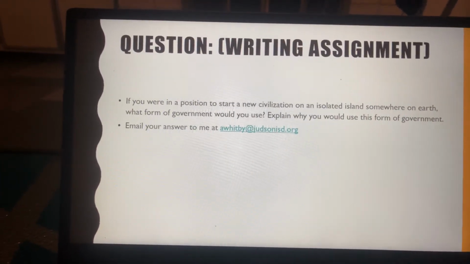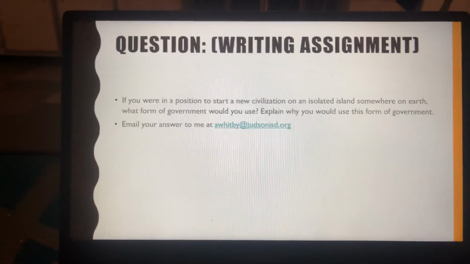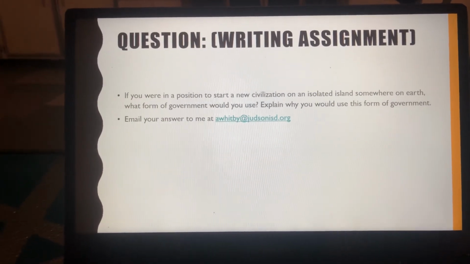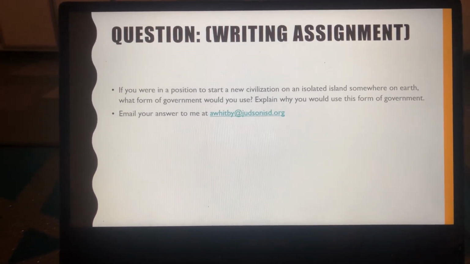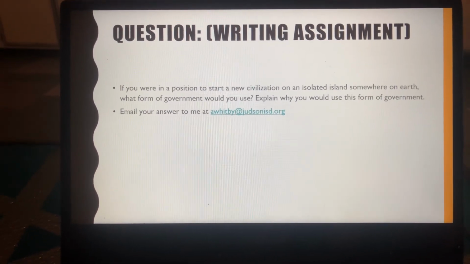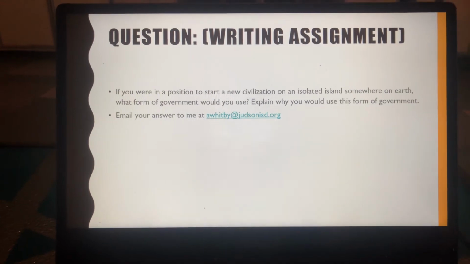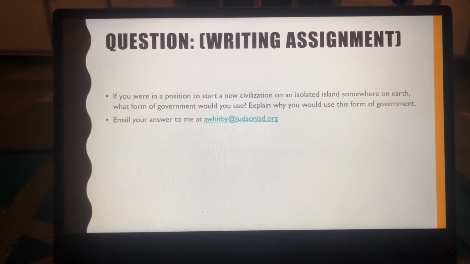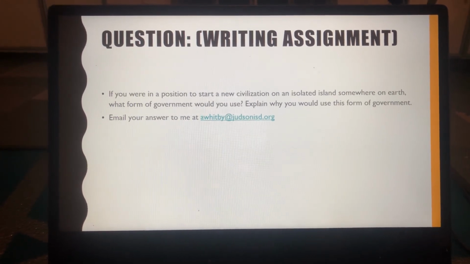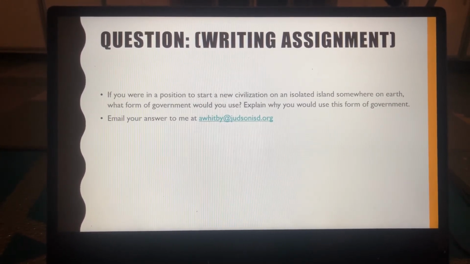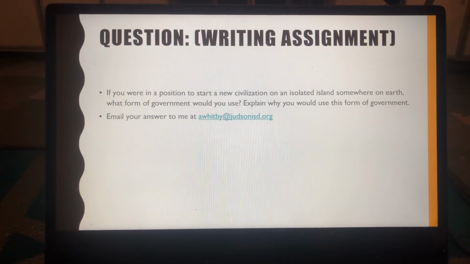I have a question for you guys, and I have a writing assignment, and I want you guys to answer this. If you were in a position to start a new civilization on an isolated island somewhere on Earth, what form of government would you use? In the answer, explain why you would use this form of government.